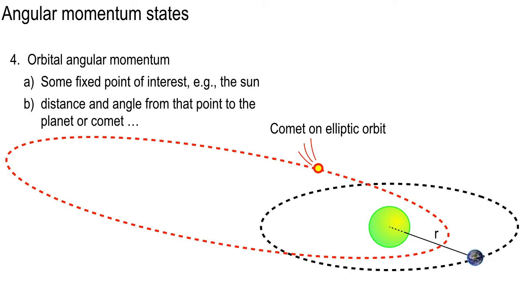And so what you have to take into account for orbital angular momentum is the distance and the angle from that point, the sun, out to the planet or comet or spacecraft or whatever it is you're studying, all right? And you also have to take into account the velocity.